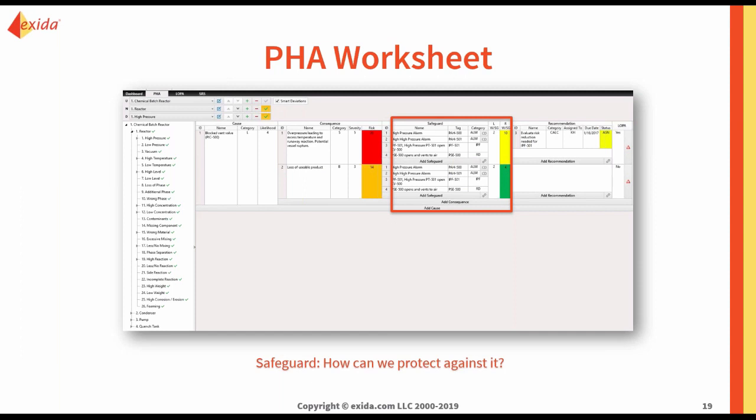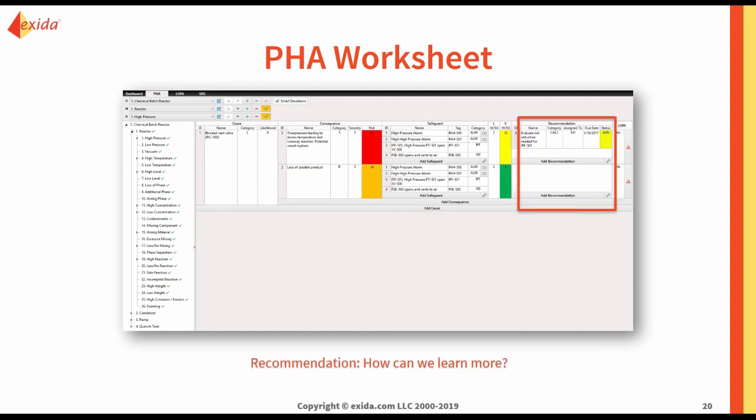Once the safeguard is documented, you're going to have a resulting likelihood. Now that we've considered these safeguards are in place, how likely is it that this would actually occur? And that will output a risk with the safeguard. So what is your resulting risk after the safeguards have been taken into account? At this point, you've taken a look at what your process has, and you can then document recommendations.